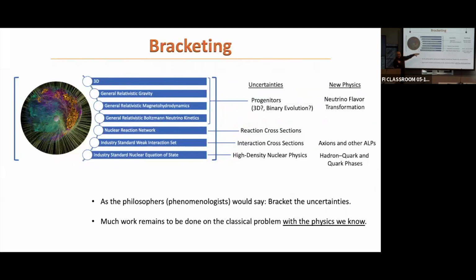But my approach is we have to take the piece where we know the physics and move toward being able to model that physics accurately, and build that part of the pipeline, if you will, from progenitor to us and then down the road to whatever happens next.